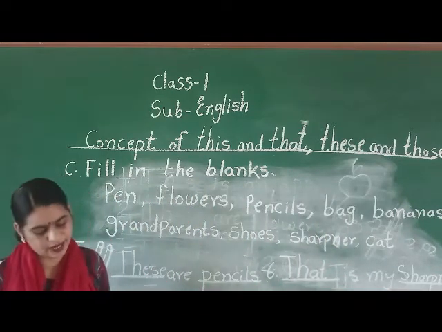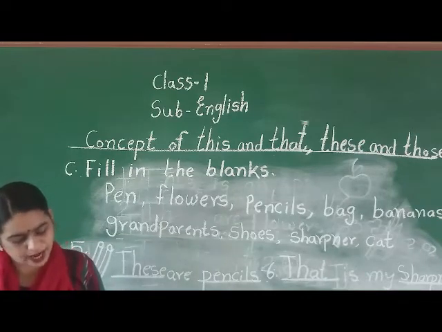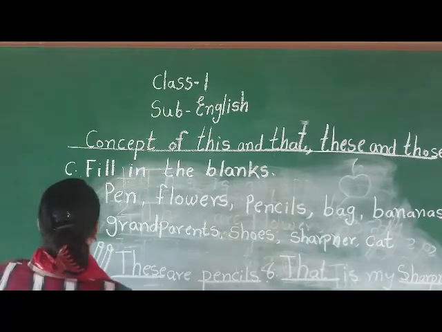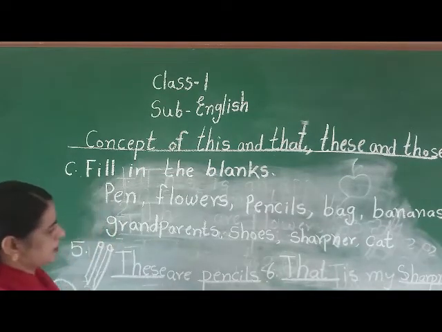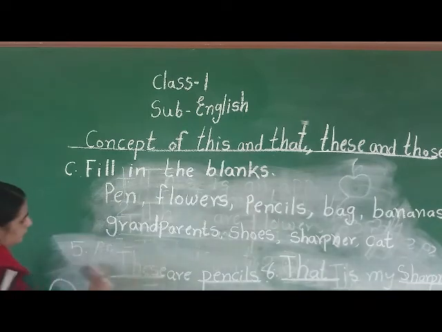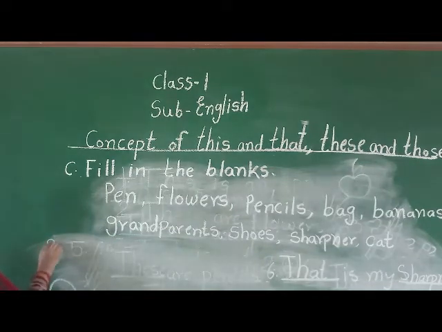Okay. Now after that, picture of bananas. Picture of bananas. Okay. On number 9. So I am going to erase here number 5, and I am writing here number 9.